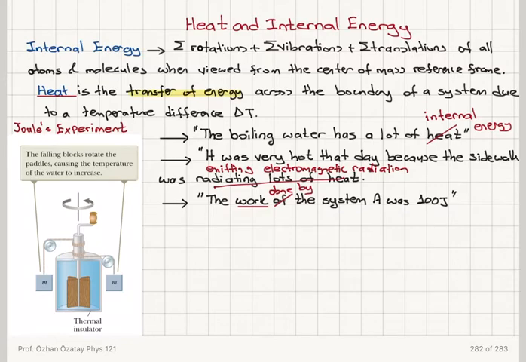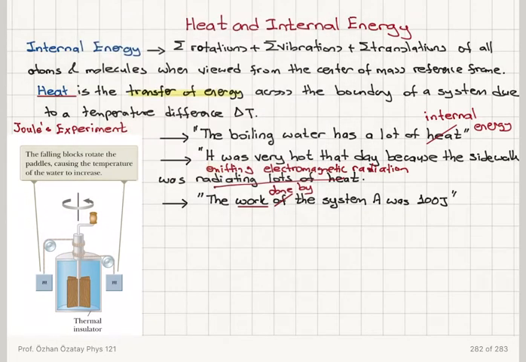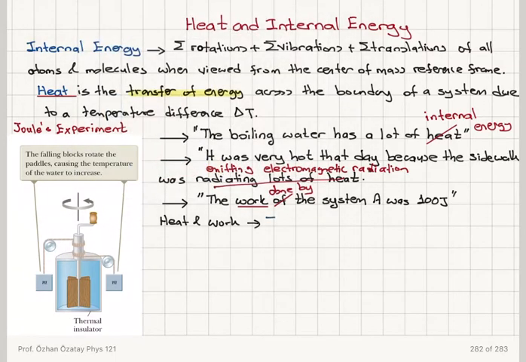Okay, so just to summarize, basically in thermodynamics we have two types of variables, energy variables, transfer and state variables, and heat and work are so-called transfer variables because they describe the transfer of energy to and out of a system.